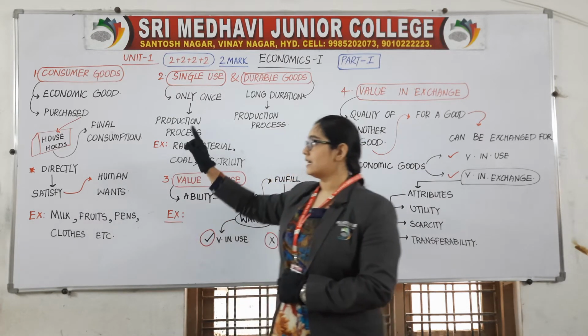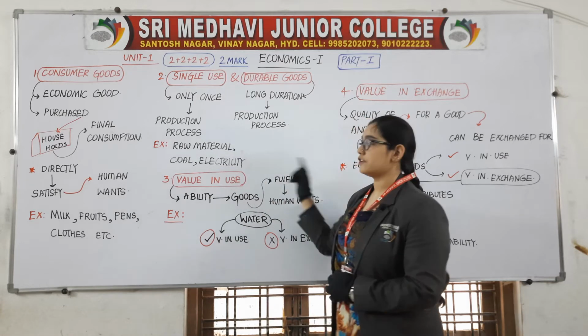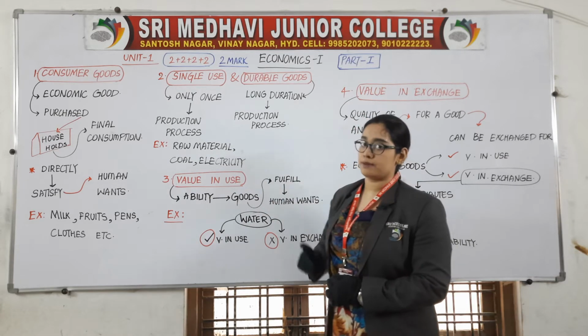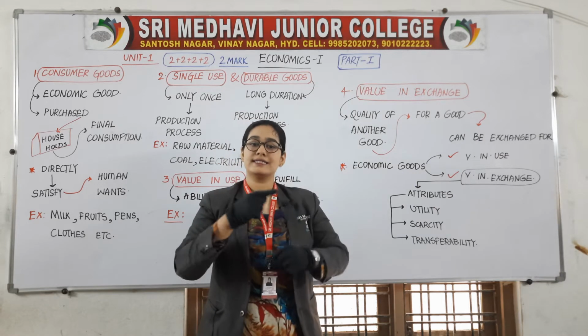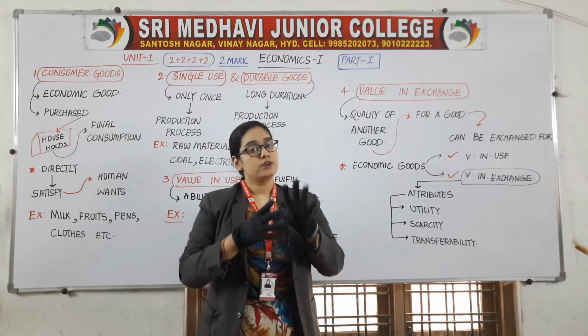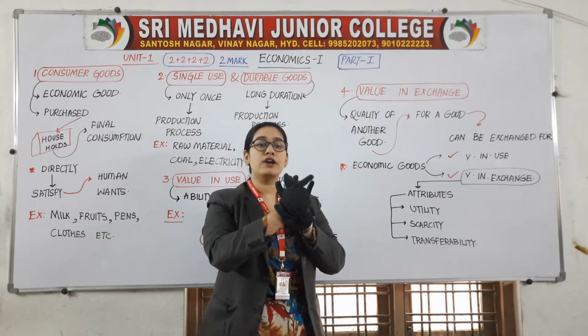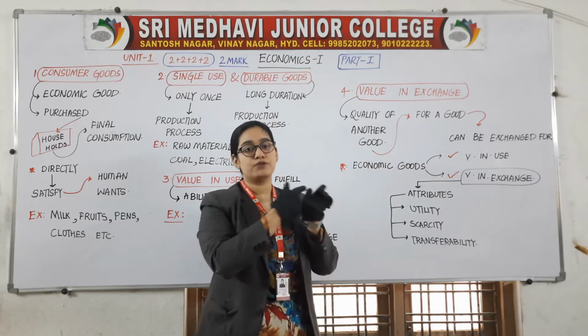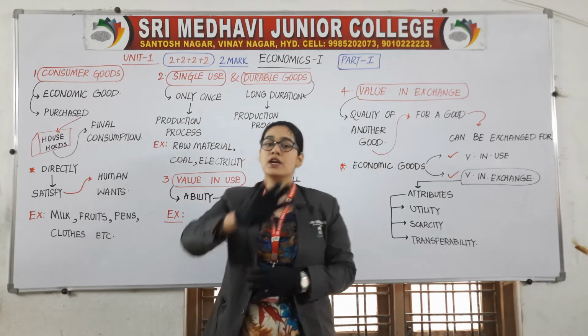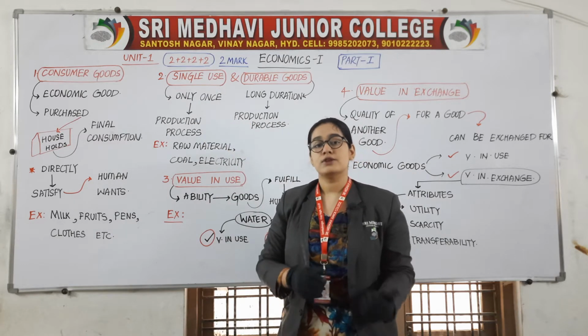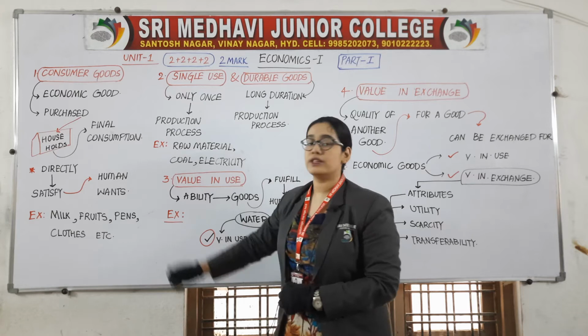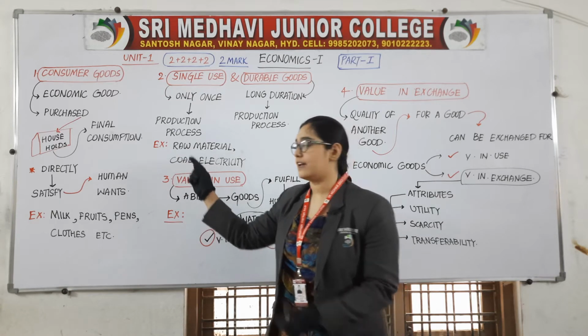As you can see, 1, 2, 3, 4 questions are written on the board, and this is our part 1. In our next class, that is part 2, we are going to discuss the remaining 4 definitions, and out of these 8 definitions, for sure you are going to get 4 2 marks questions. So let us begin our class with our first 2 marks definition.